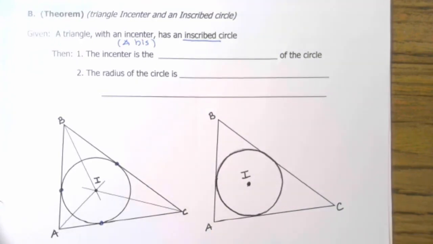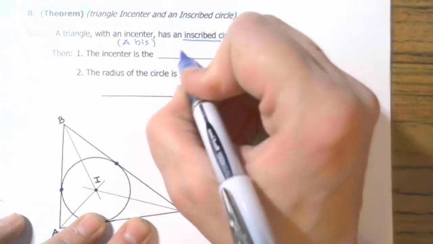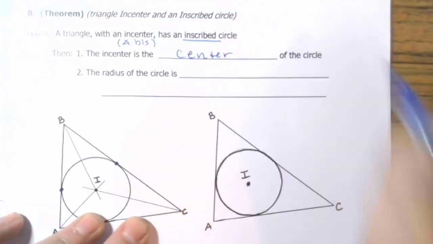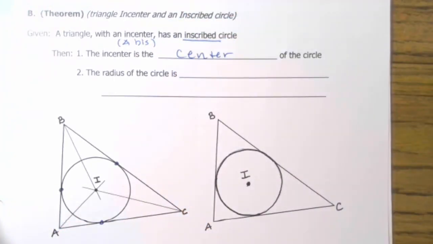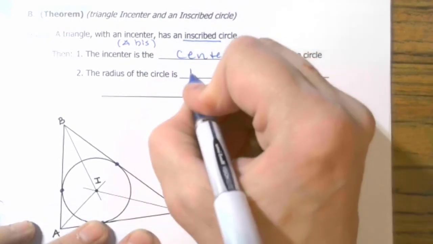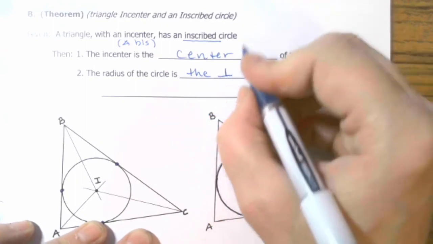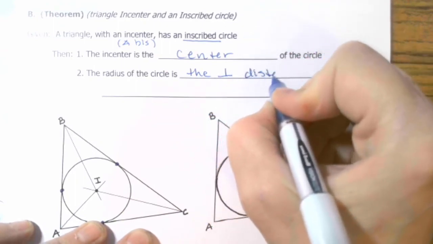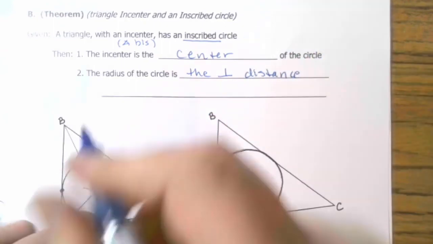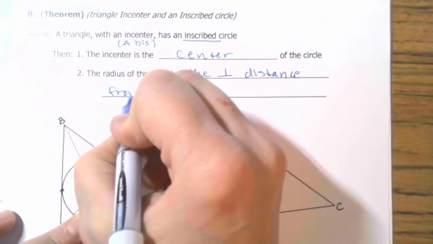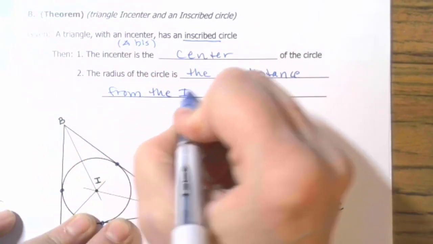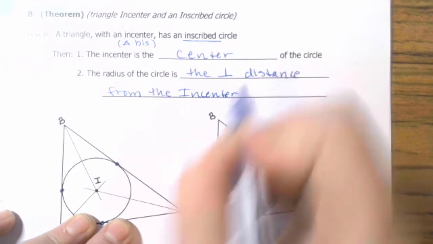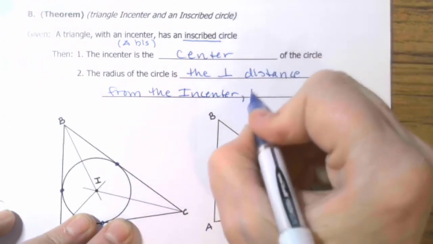Okay, so what do we know about this? This is the incenter. The incenter is the center of the circle, okay? And the radius of the circle is the perpendicular distance from the incenter to any side.